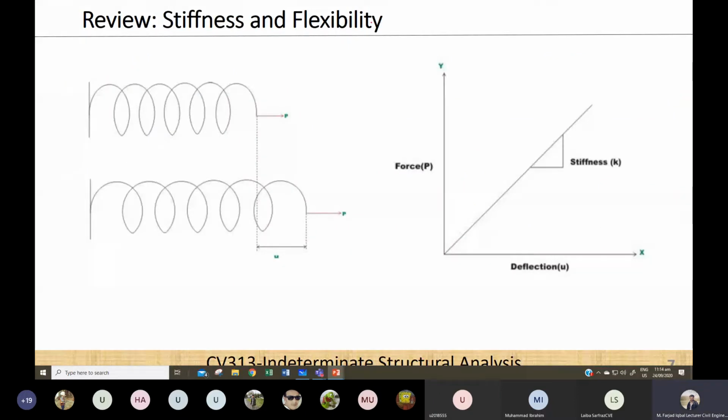And there is another concept of stiffness and flexibility, which you might have studied in a basic mechanics course somewhere. So I will just review it briefly. If you have a linearly elastic structure and you apply the load, what will happen?